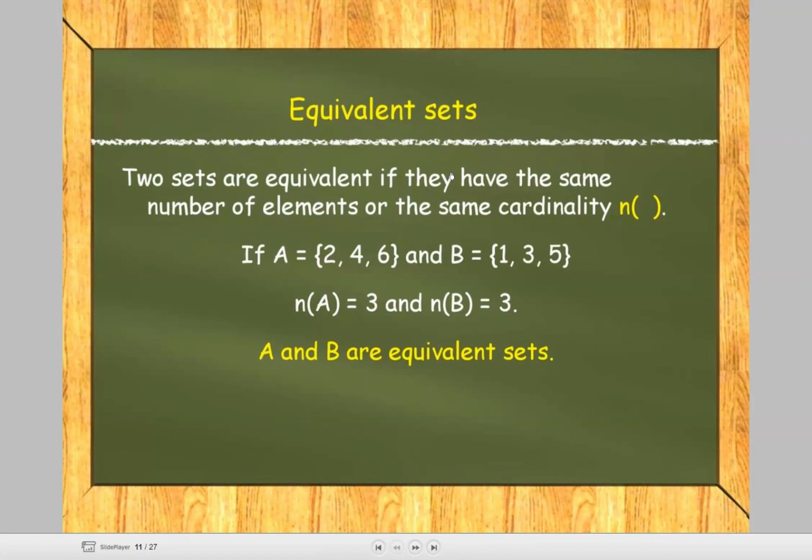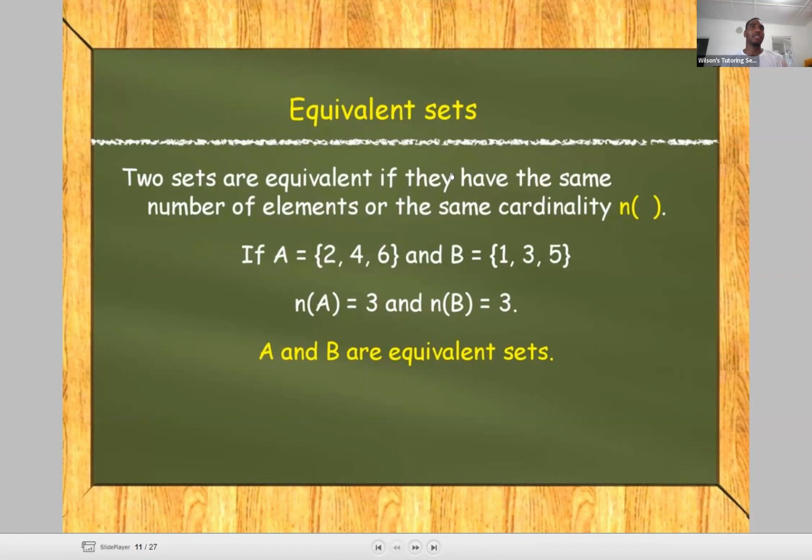A and B are equivalent sets. All right, cool. So next time around, you don't have to say n(A), you can say the cardinality of set A and the cardinality of set B. Though sets A and B are equivalent, you will realize that the elements in both sets are different.